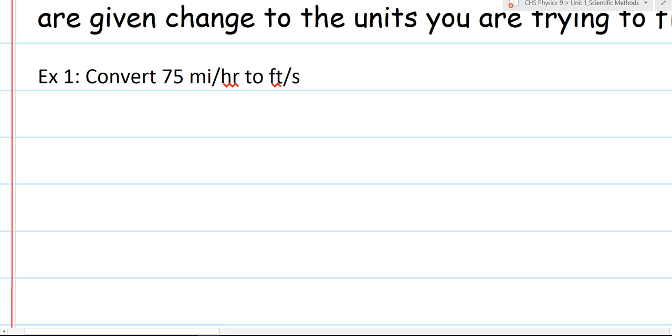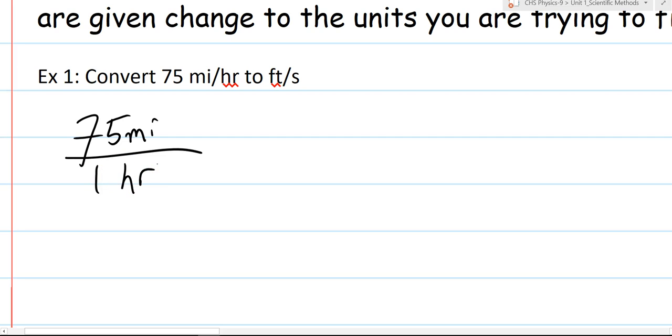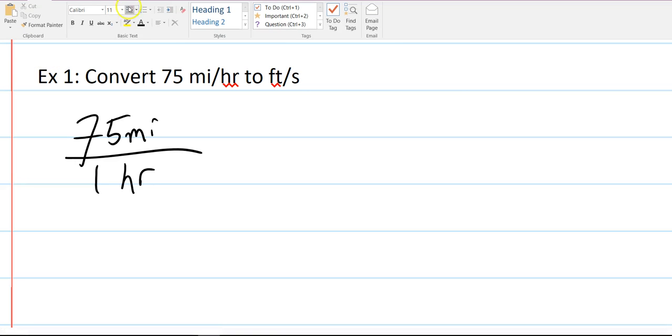To start off, we're going to start with what we're given. So the 75, let's go ahead and erase that: 75 miles for every 1 hour. Now this looks like it would be nice to do a proportion, but we can't do the proportion with the miles and hours together. So what we're going to do is split this up.